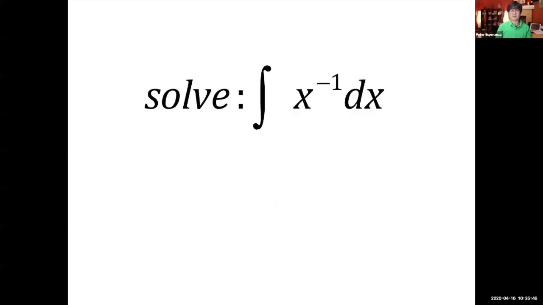Give me this. What is the integral of x to the negative 1 dx? Unmute yourself if you know the answer. Undefined. Michael says undefined. Is there anyone here who has a different answer?